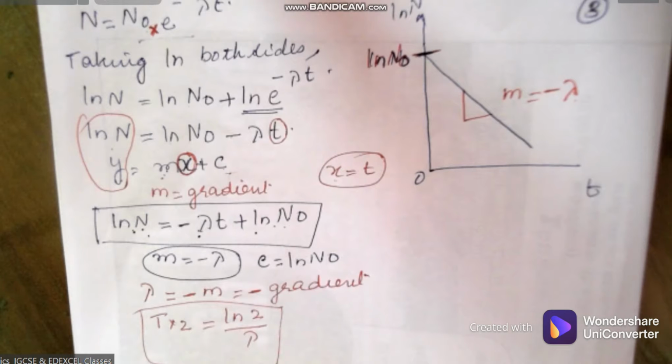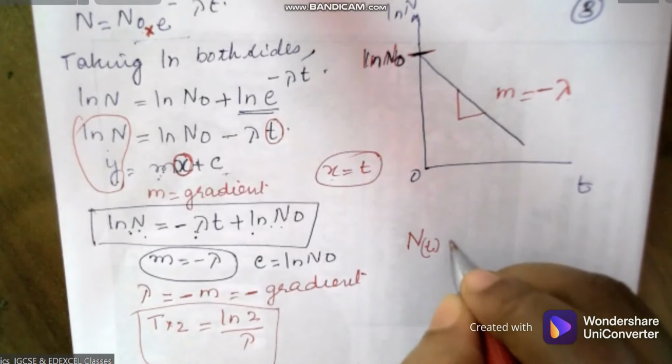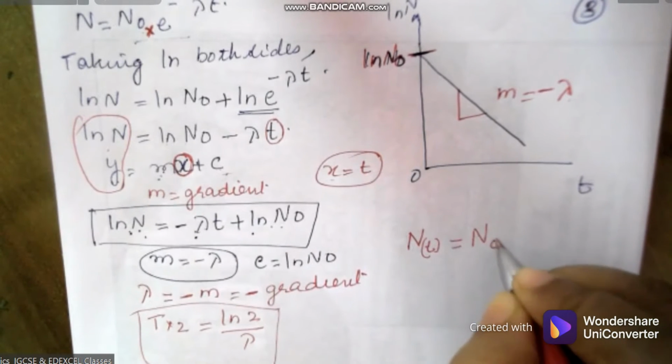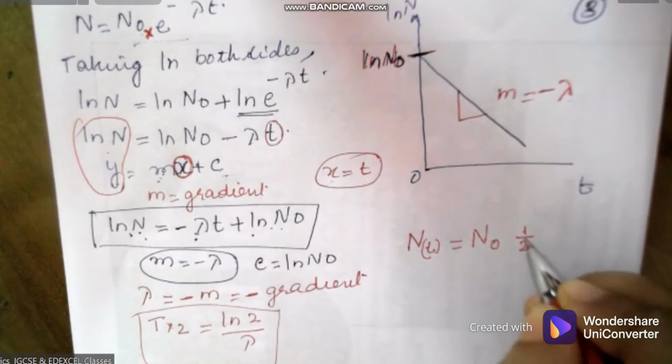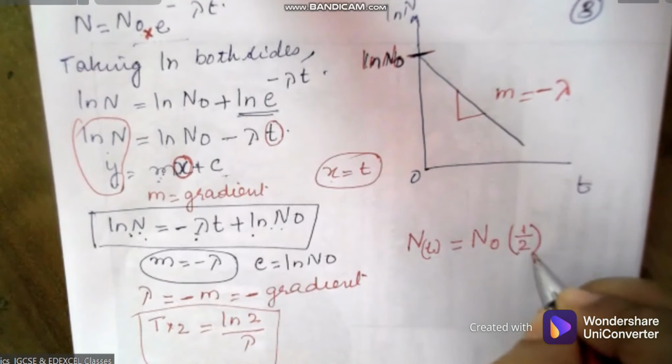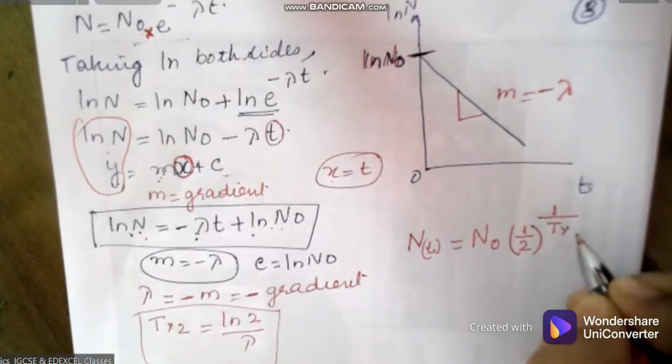It is a way to find the half-life or the time or any other quantity. The number of atoms present at any time, N_t, is equal to the initial number N naught into half to the power of t by half-life.